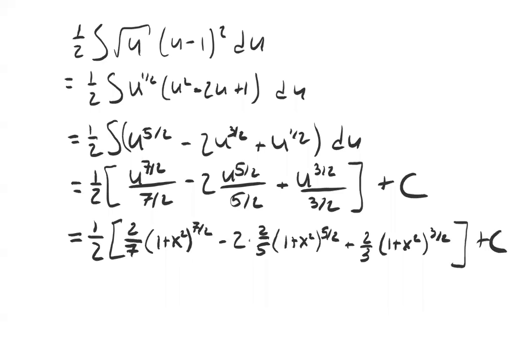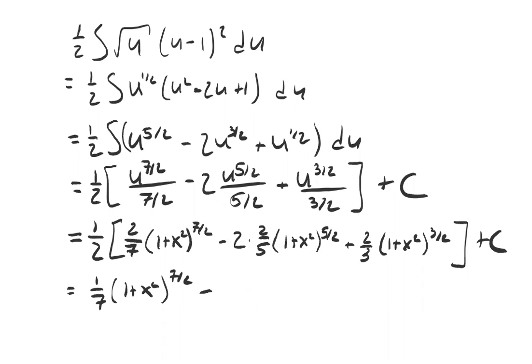plus a constant. And going through and simplifying the rest of this, you're going to get 1/7, 1 plus x squared to the 7/2 minus 2/5.